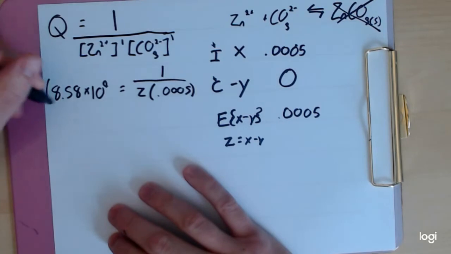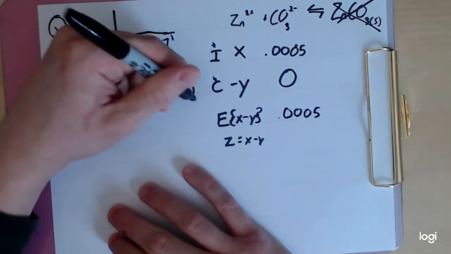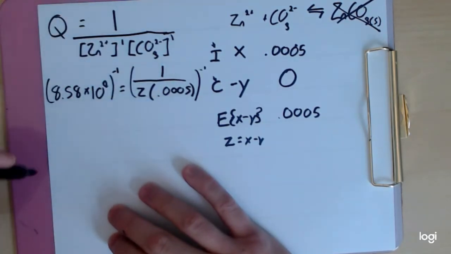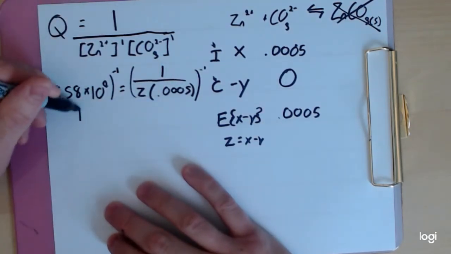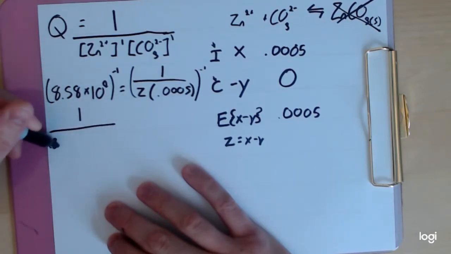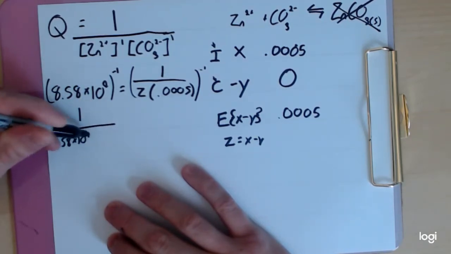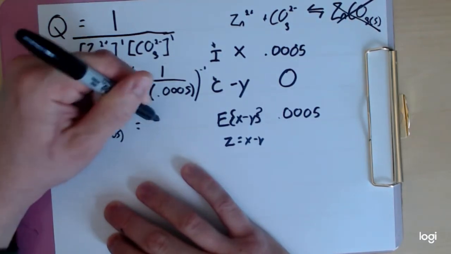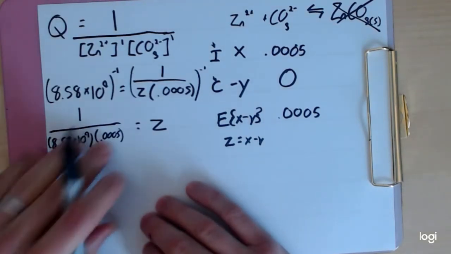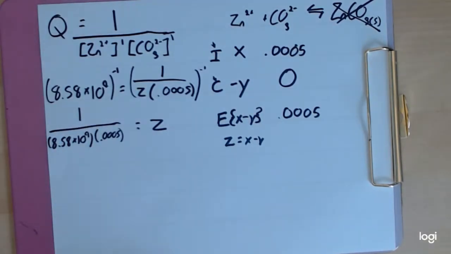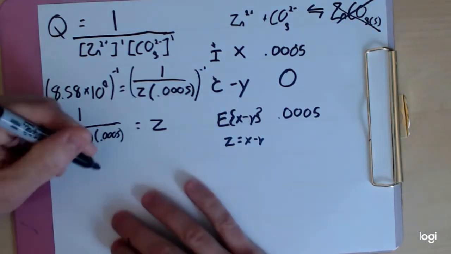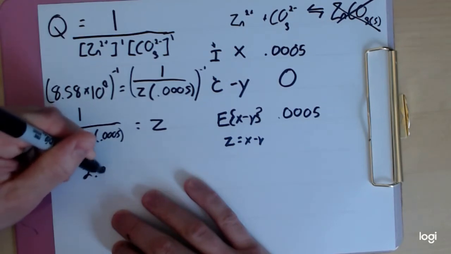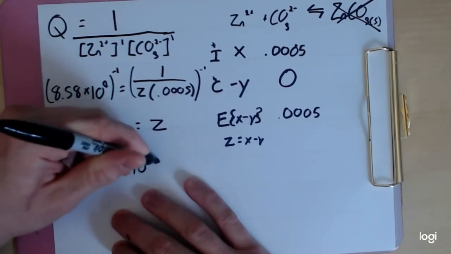I would first put all these to the -1 to get the z in the numerator, and then divide through by 0.0005, and so you end up with 1 over 8.58 times 10 to the 9th multiplied by 0.0005 equals z. Okay, so now we have an expression for z. Let's just do this on a calculator any way that you can solve it. It ends up being 2.33 times 10 to the -7.